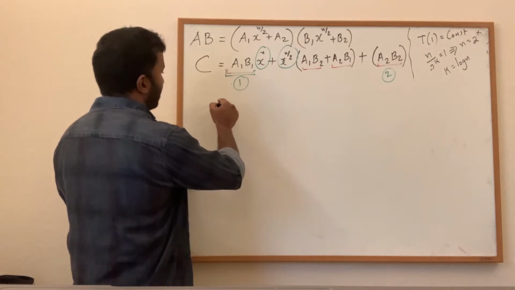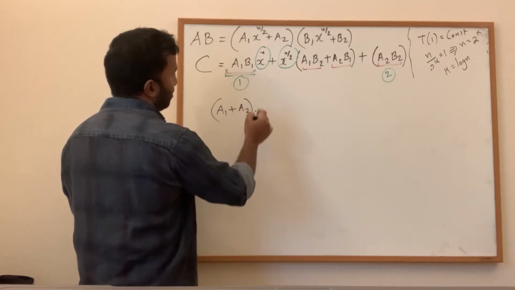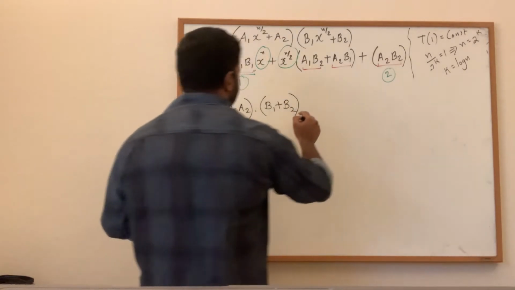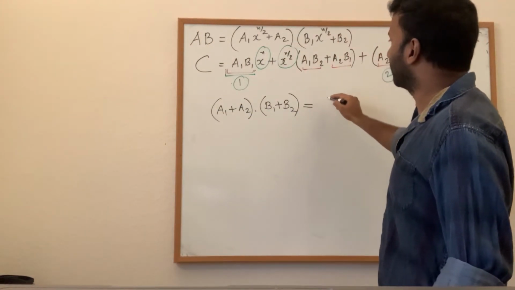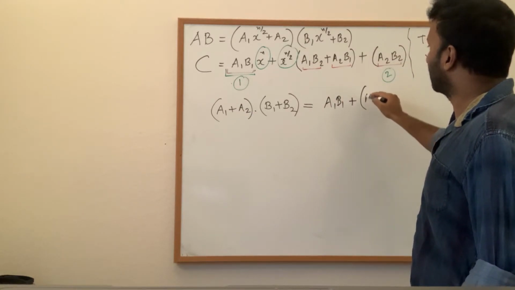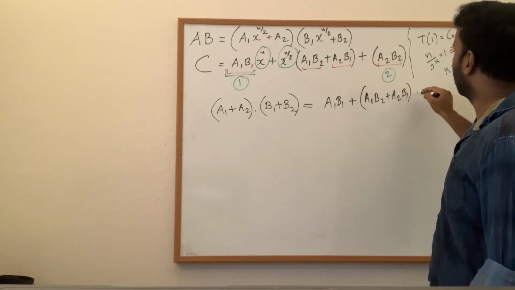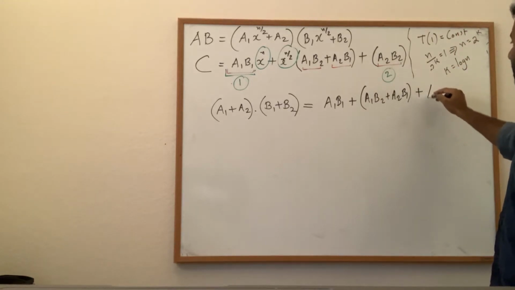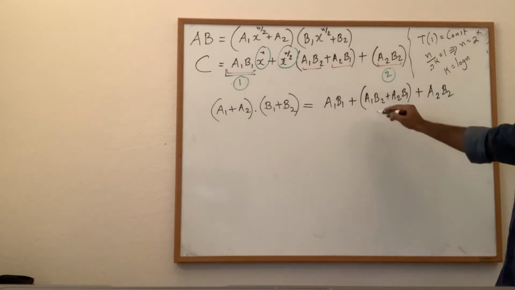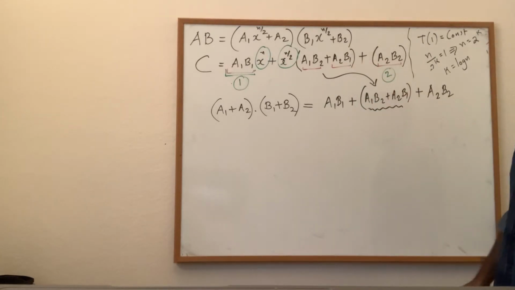So have a look at this. What is a1 plus a2 multiplied by b1 plus b2? If you expand this, what you will see here is a1 b1 plus a1 b2 plus a2 b1 plus a2 b2. And this is exactly what we want to compute.